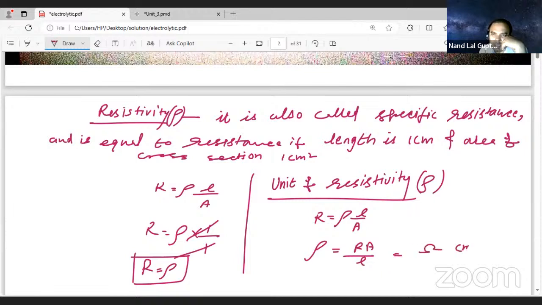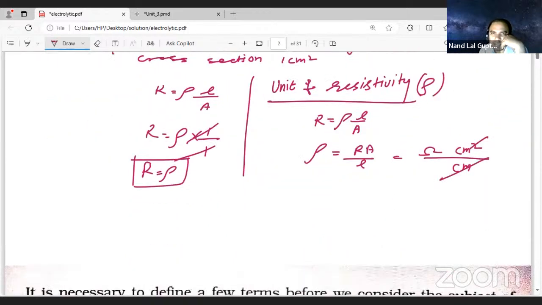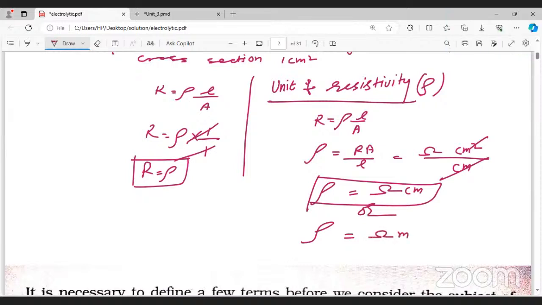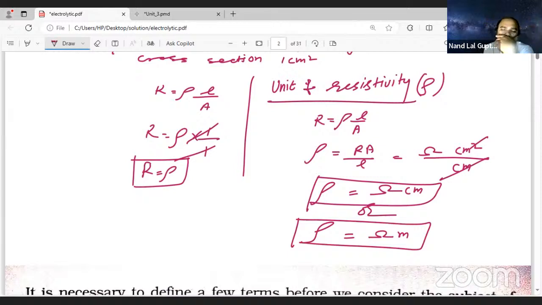A is centimeter square divided by centimeter. 1 centimeter cancels. So rho is equal to ohm centimeter. Or rho is equal to ohm meter. Anything is possible, it depends on what unit you are calculating in.